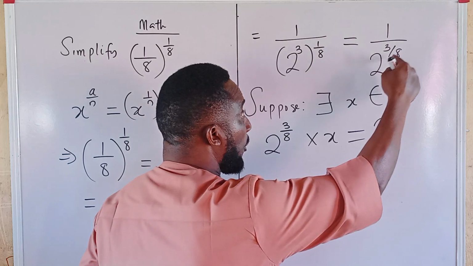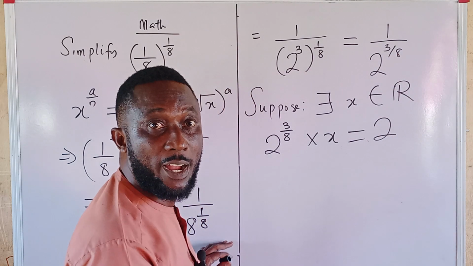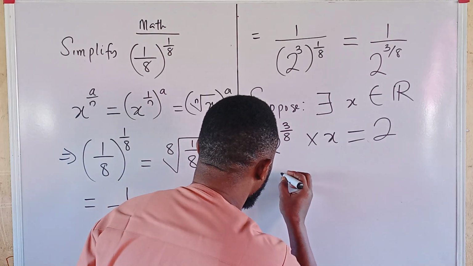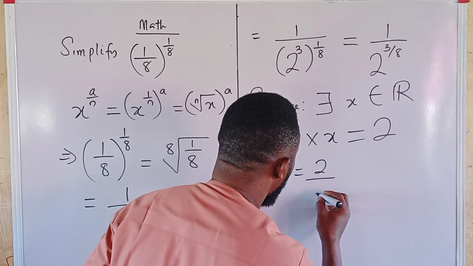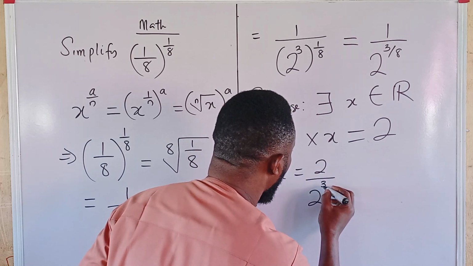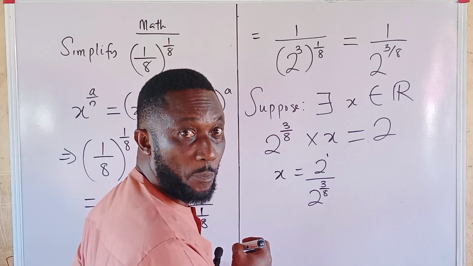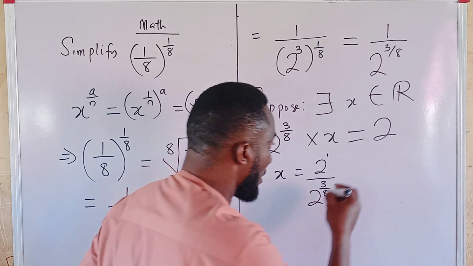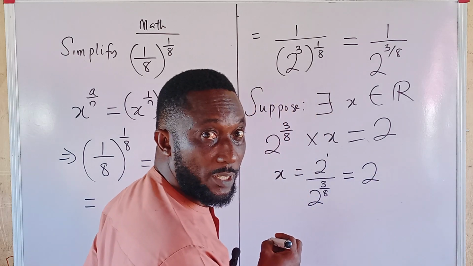The aim of rationalizing the denominator here is to have a rational expression. So I then find x. x is going to be 2 divided by 2 to the power of 3 upon 8. The exponent of the numerator 2 is actually 1. Then if I use the division rule of exponents, I retain the base, which is 2, and subtract the exponents.